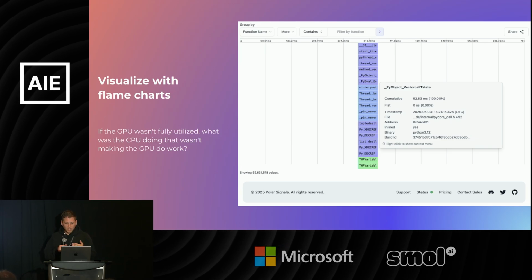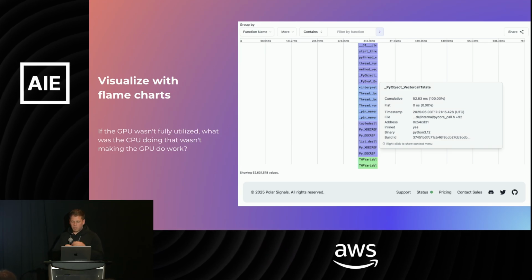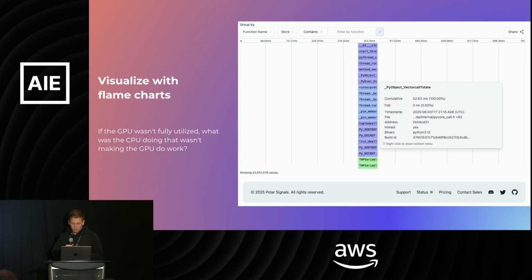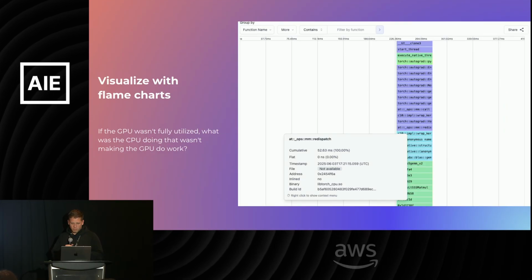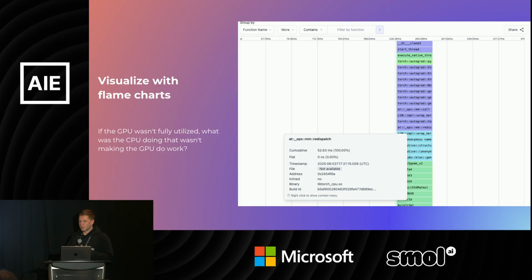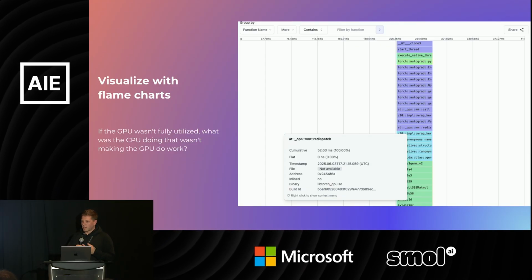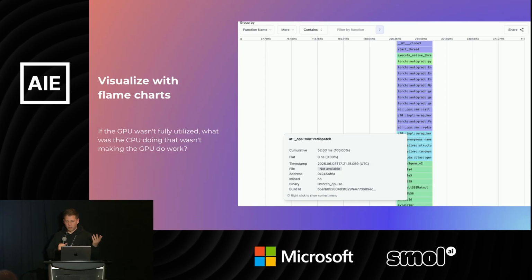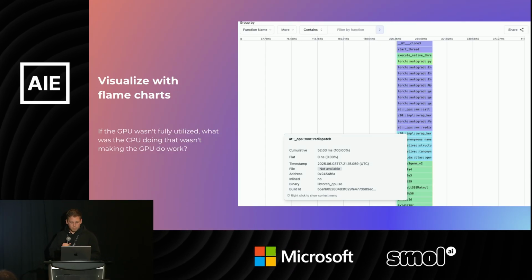So in this case, we can see that Python is actually calling eventually the CUDA functions further down. But oftentimes you will see that the CPU is pretty actively trying to load data and being busy that way and not keeping the GPU busy.